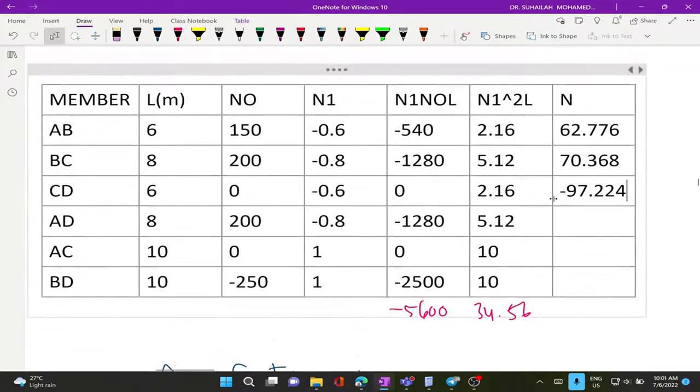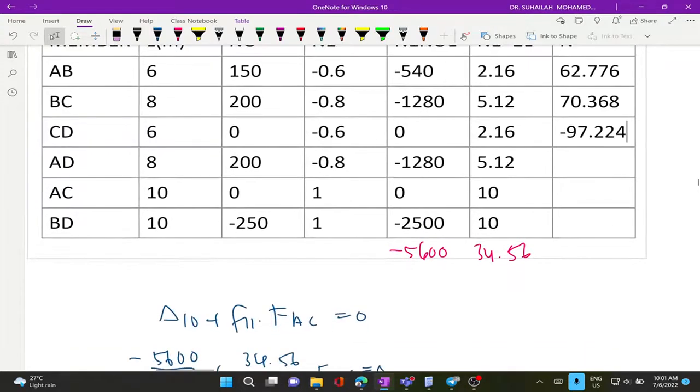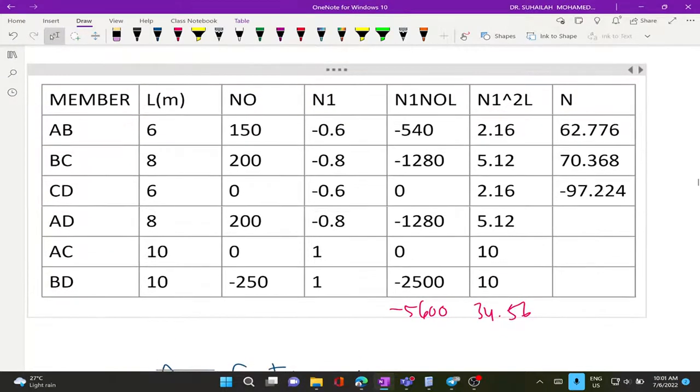And then we move to AD: 162.04 times negative 0.8 plus 200, which is 70.368.